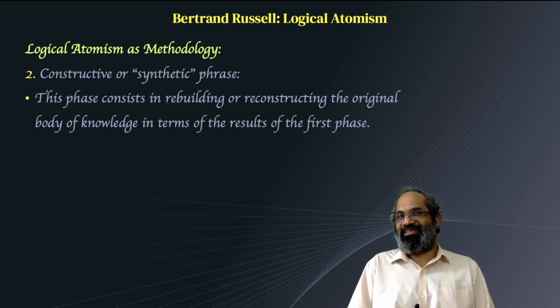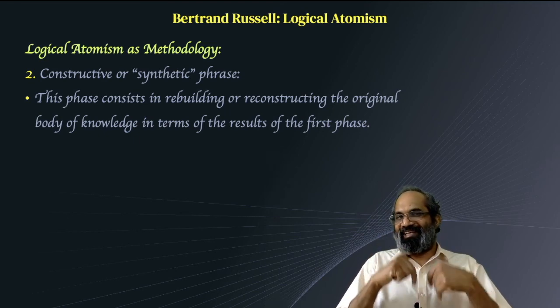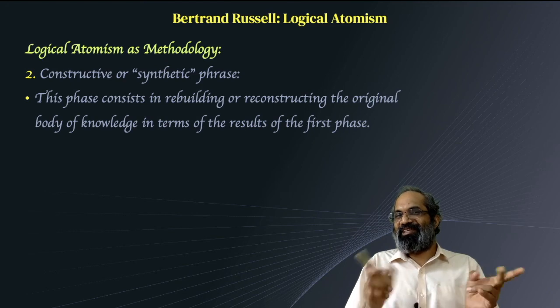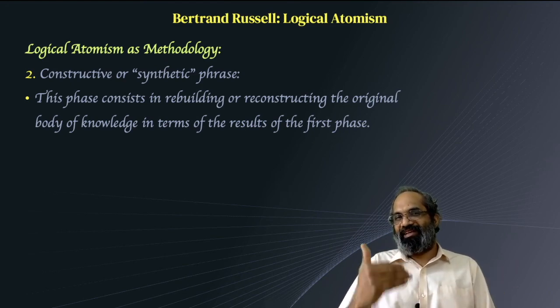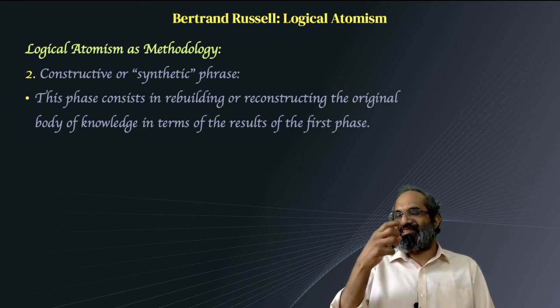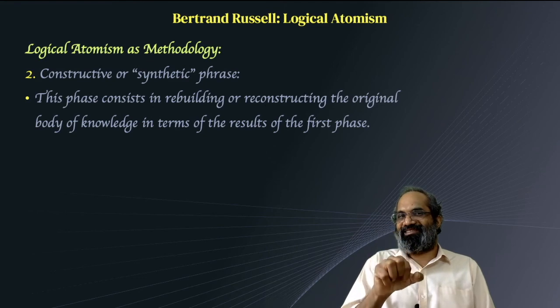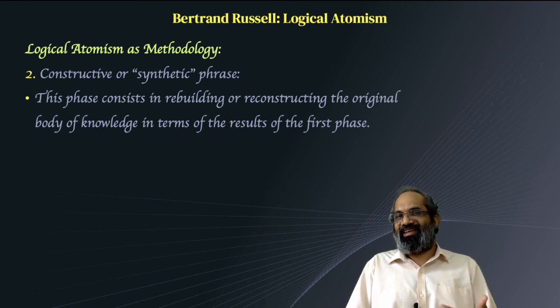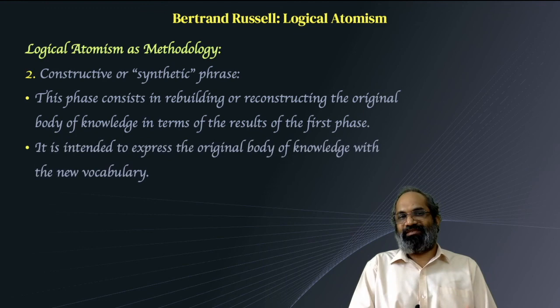Then you can eat it, and the whole cake will get inside. These are the two phases of analysis and synthesis. In the first phase, you are cutting into pieces. In the second phase, you are uniting it in a different way in which you can understand, in which you can digest it. So two phases: the analytic as well as the synthetic phase.